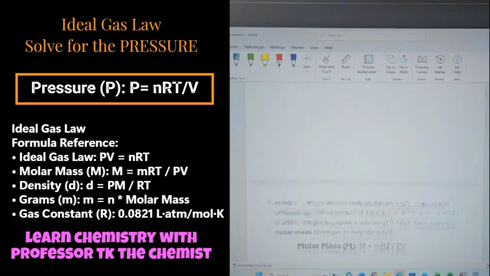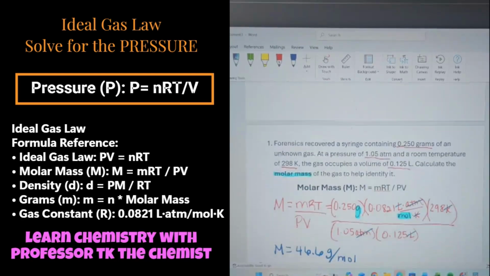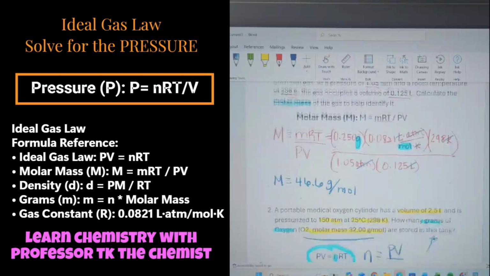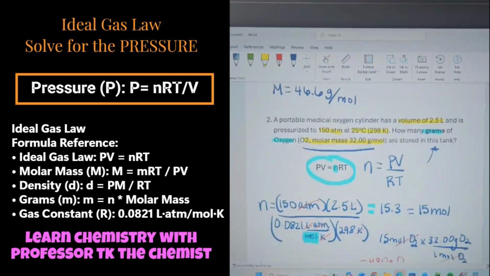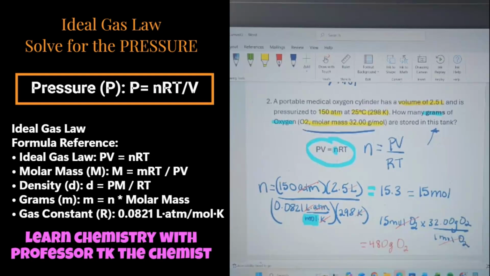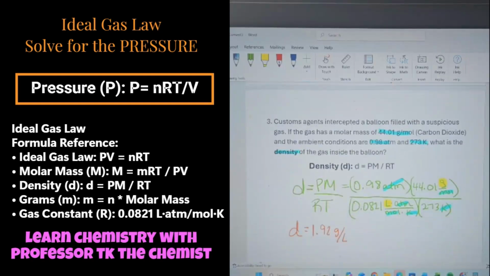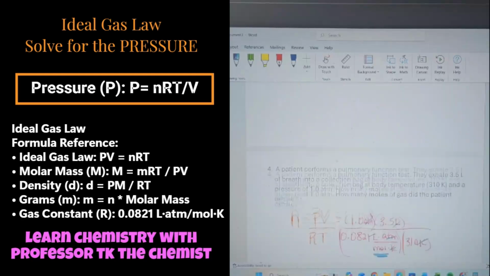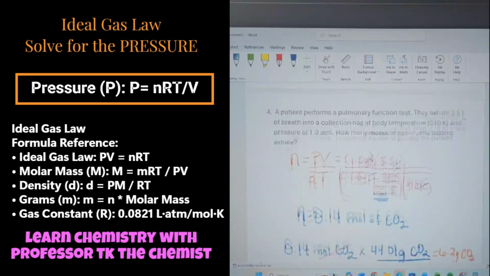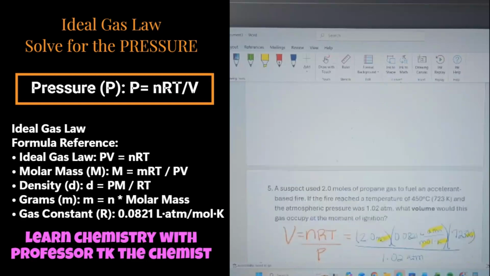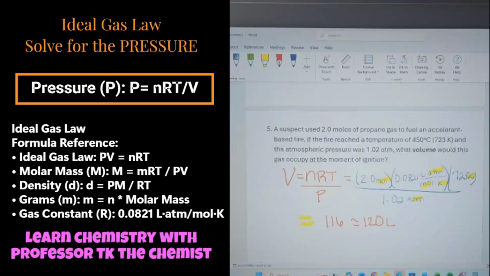The first problem that we did dealt with calculating molar mass. Second problem, we were calculating the grams, the mass. Third problem, we were dealing with density. Fourth problem, the moles. And then we did volume.